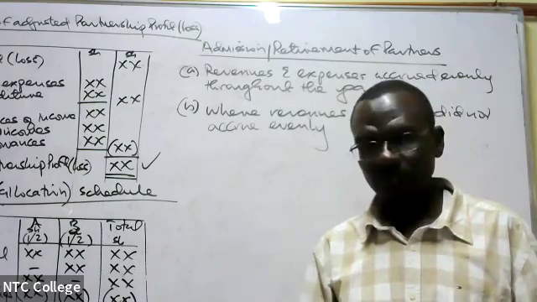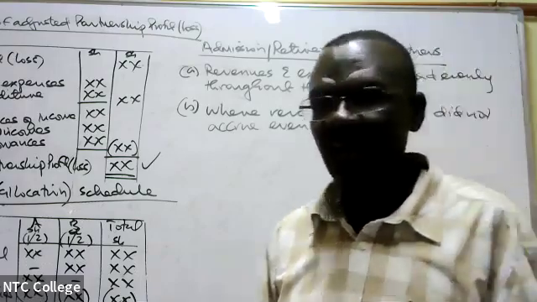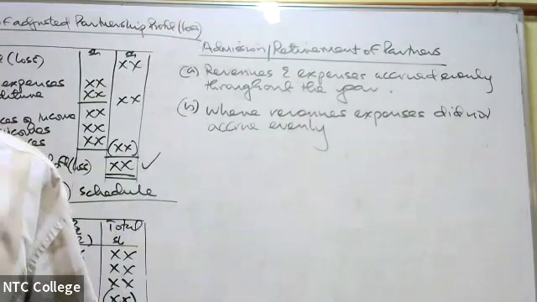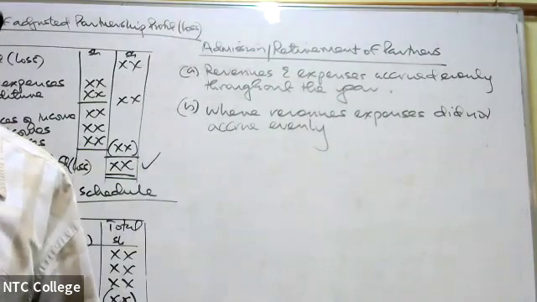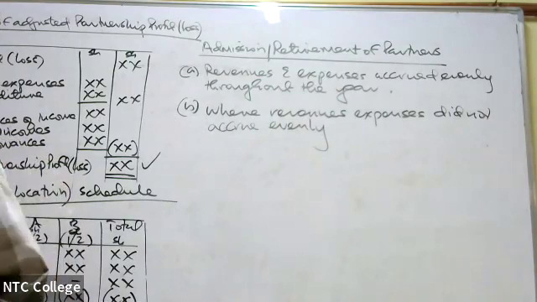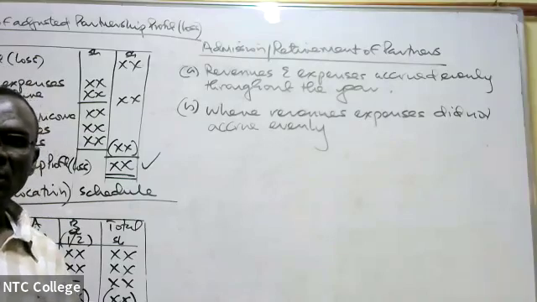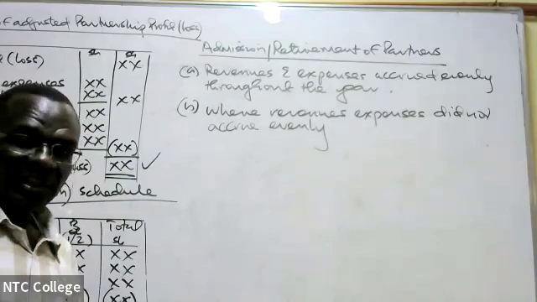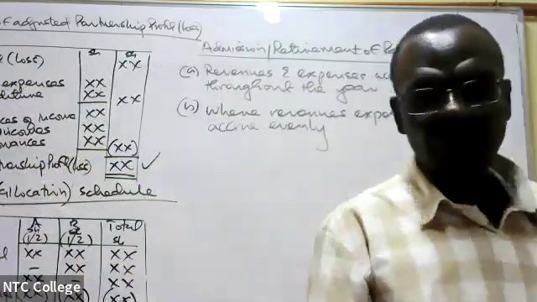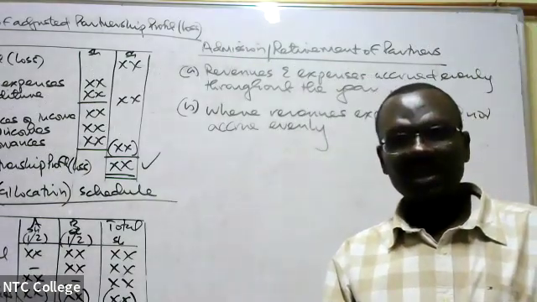Then B, you say, where revenues and expenses did not accrue evenly throughout the year.